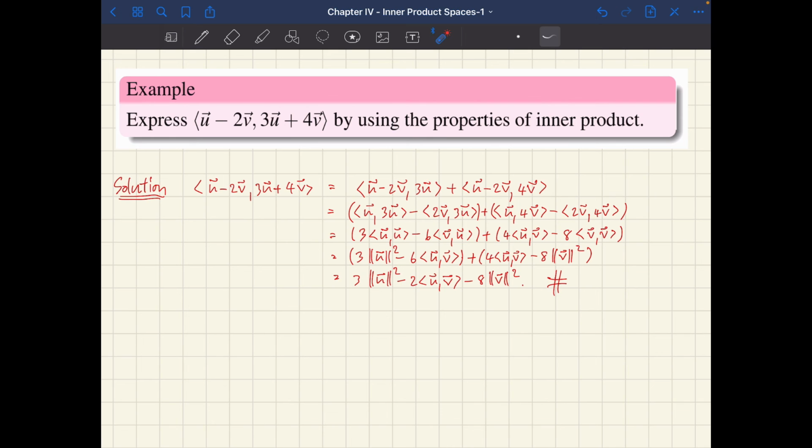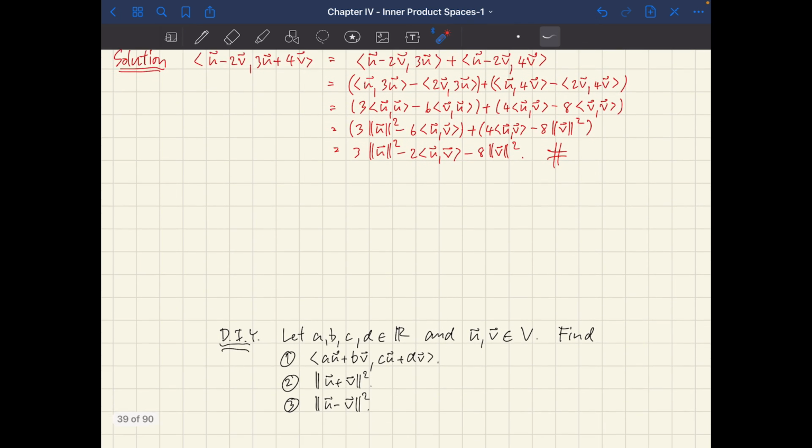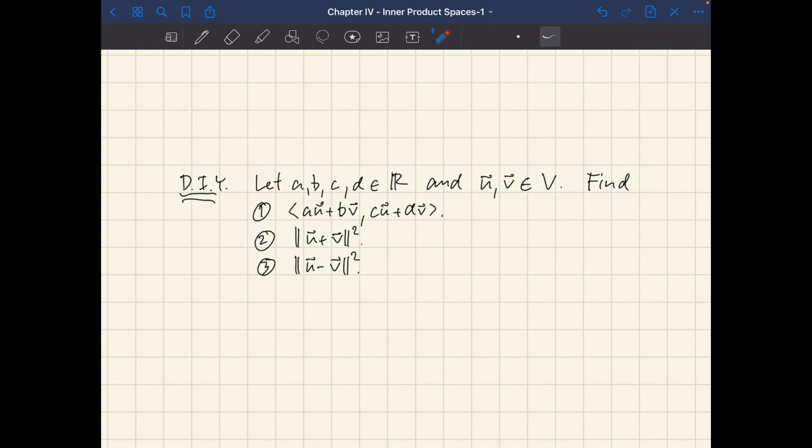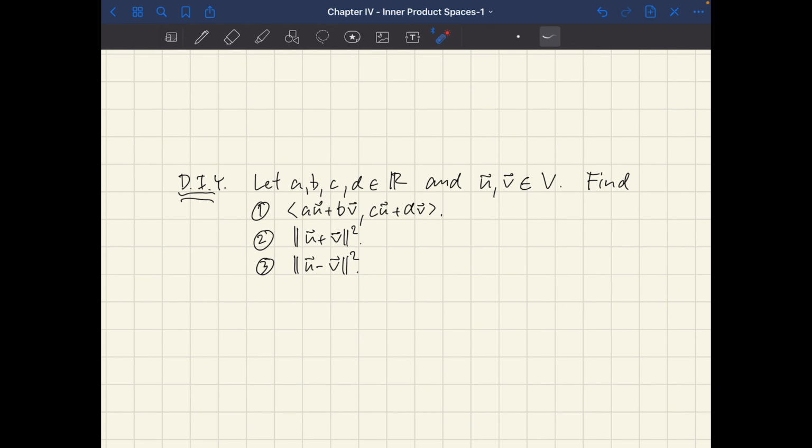And I will give you some exercises that you need to do by yourself. Let a, b, c, and d be real numbers, and u and v be vectors in the real inner product space.